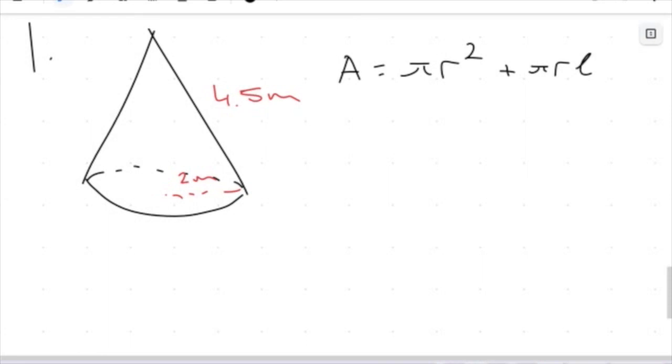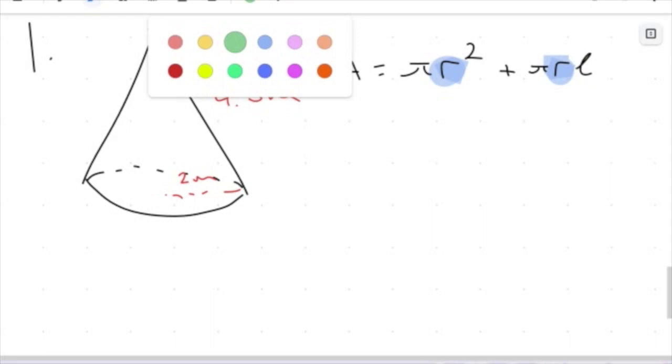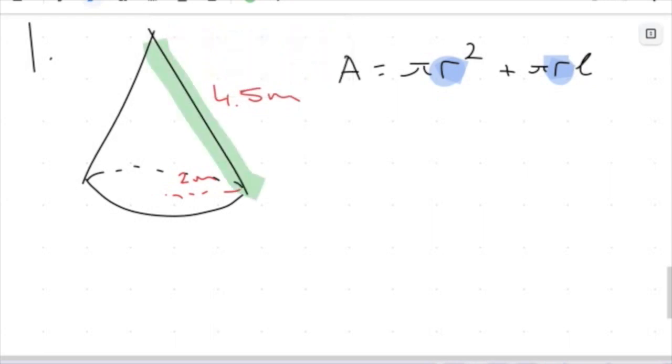And now I just want to substitute my values in. I have a radius down here, which is going to go here and here. And I have a slant height here, which is 4.5 meters, which is going to go into here.